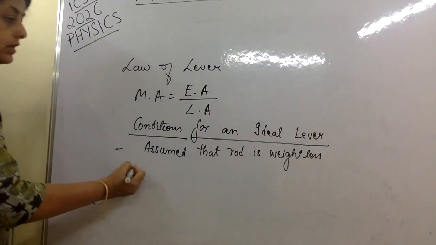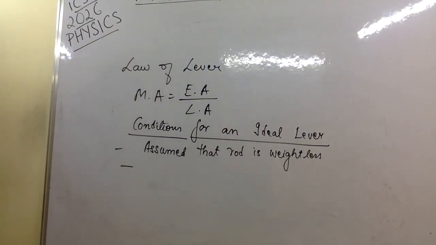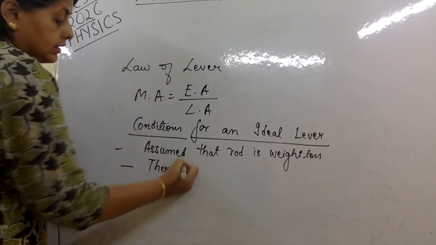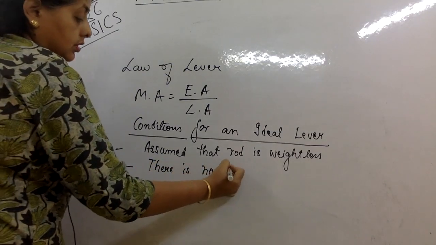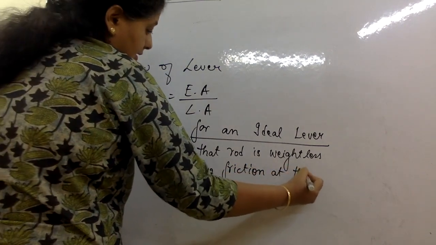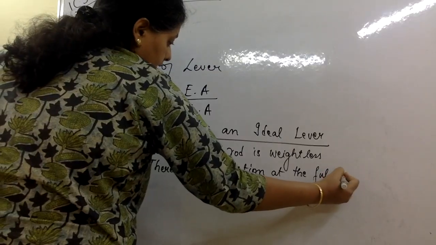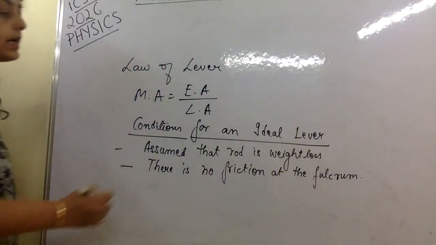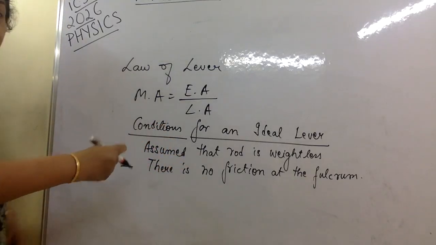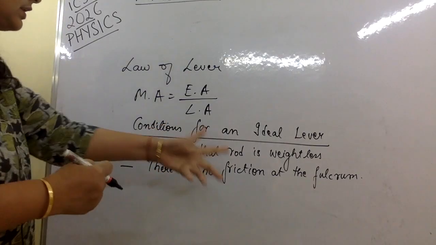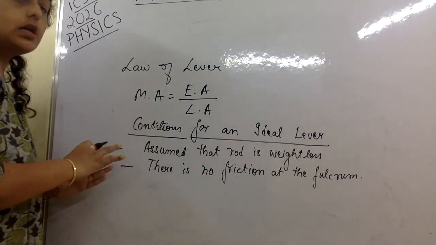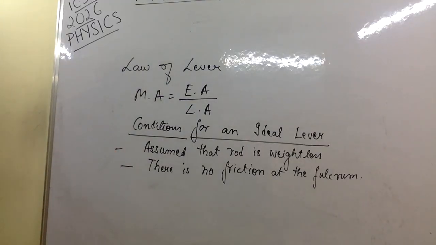And second one is there is no friction at the fulcrum. So we don't want any force to overcome the friction which is at the fulcrum, and the first one is the rod is assumed to be weightless.